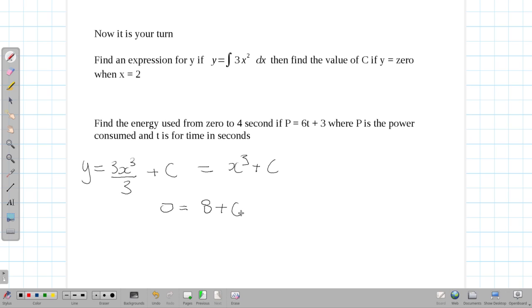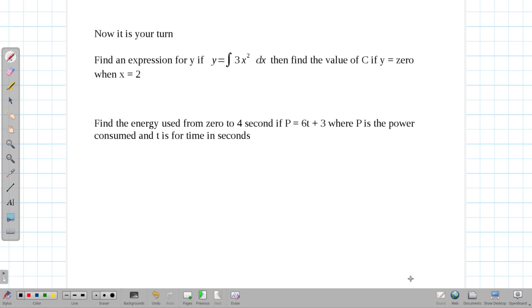So the only value of c that would make 8 become 0 when it's added to 8 would have to be minus. So therefore c must equal minus 8, because 8 minus 8 is 0. Okay, so that's straightforward. Let me just erase that.